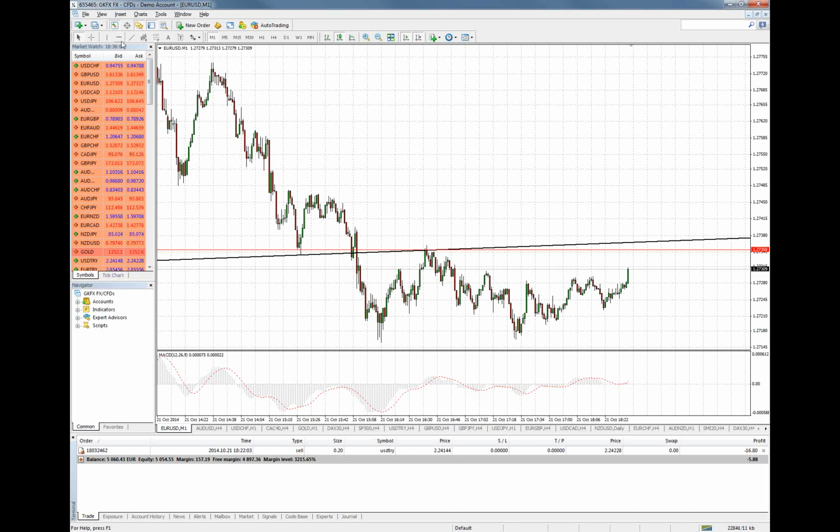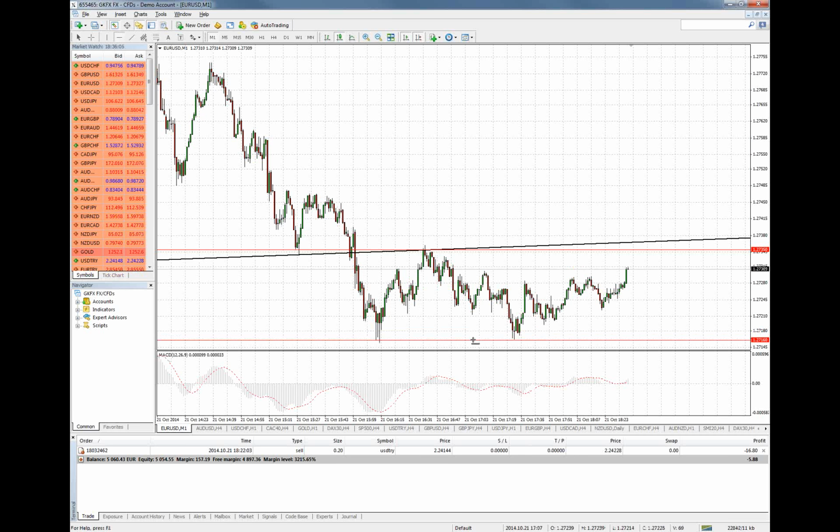And also you can define a resistance area which is around 1.2715 and 1.2717. No, this area, 2 pips wide, that is still a support area. So you know, even on a chart using 1 minute candlesticks, you can define some minor supports and resistances.